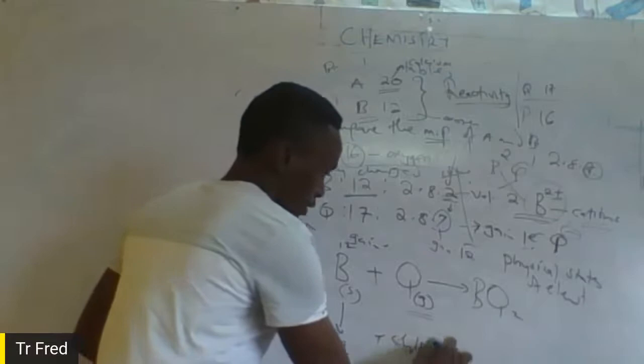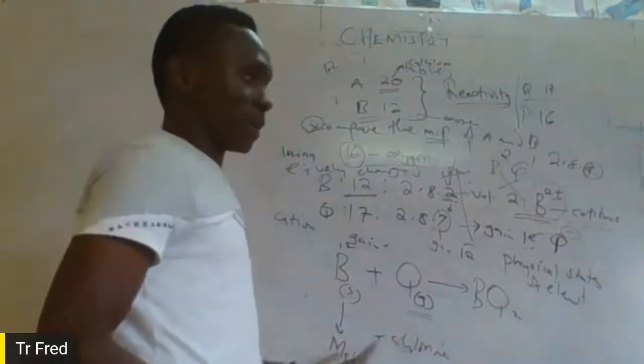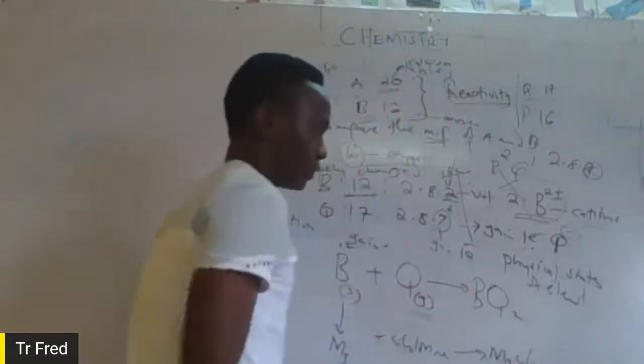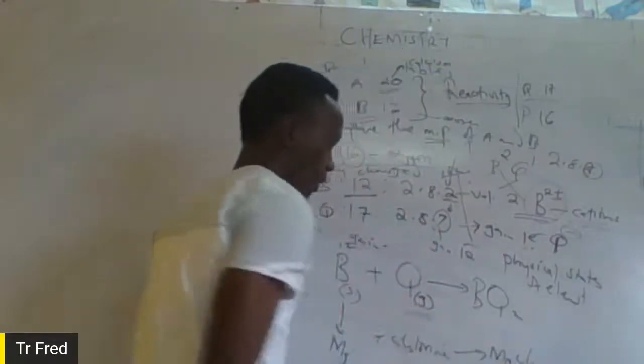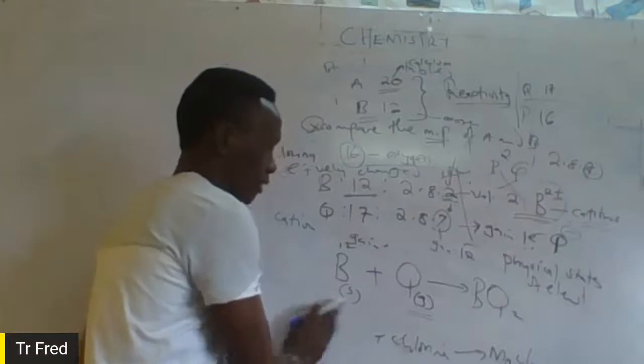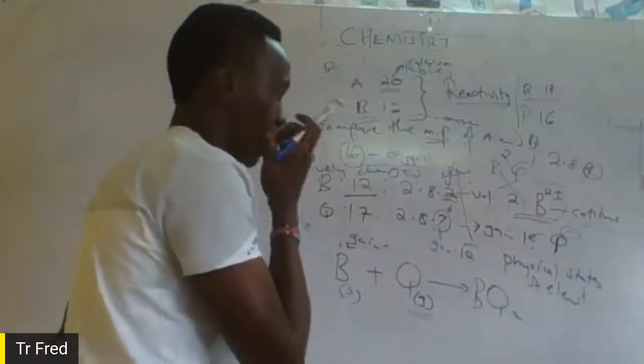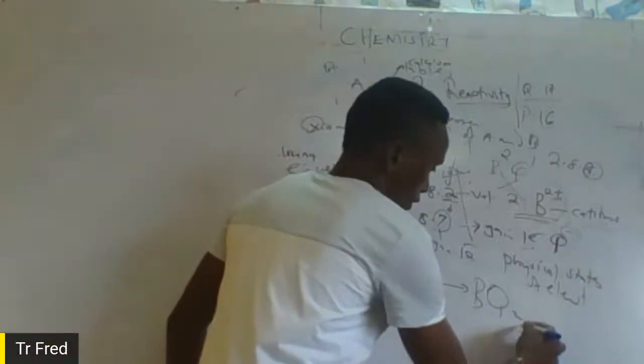So upon a reaction between magnesium and chlorine, you expect to have magnesium chloride, which we know is a solid at room temperature. So a reaction of a metal and a nonmetal in most times forms a solid compound. Therefore, this one is a solid.